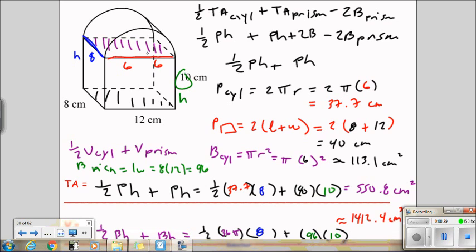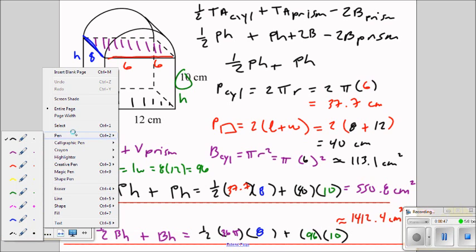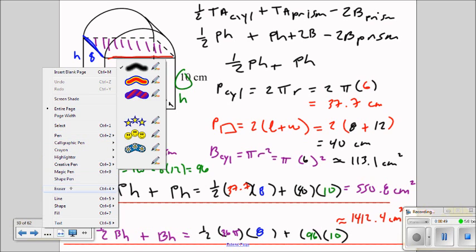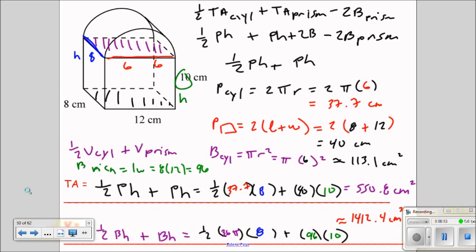This is shaded in purple. My mistake was the formula for the total area of a prism. I wrote it incorrectly. I put 1/2 pH.